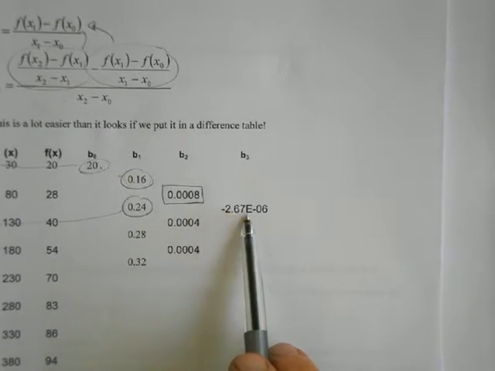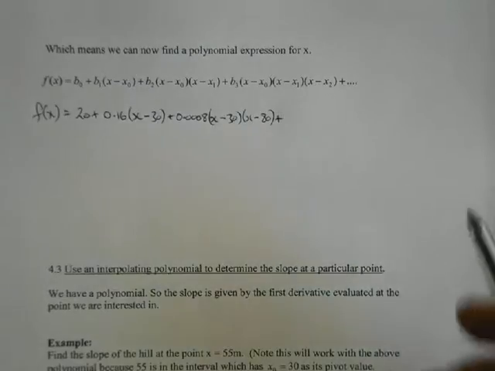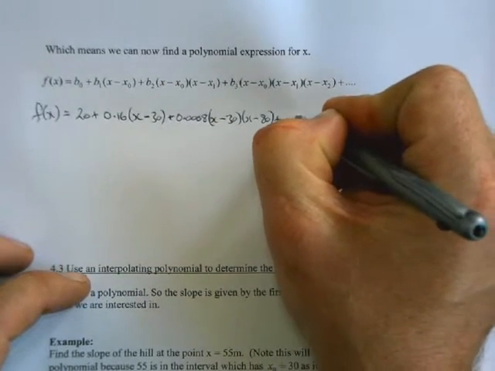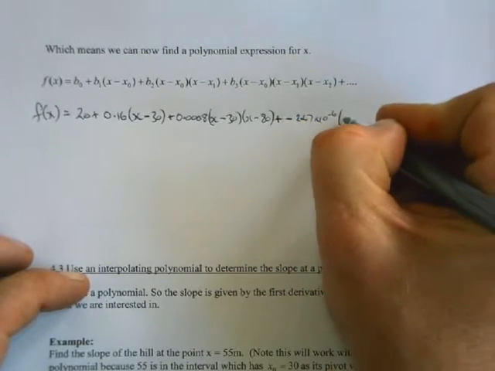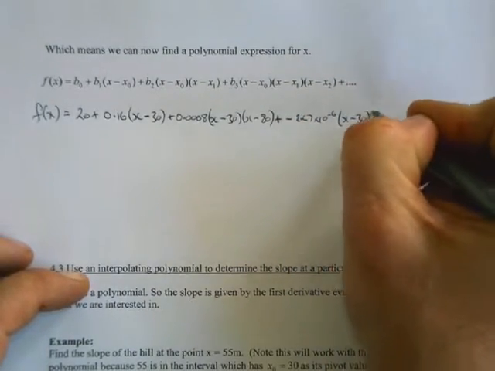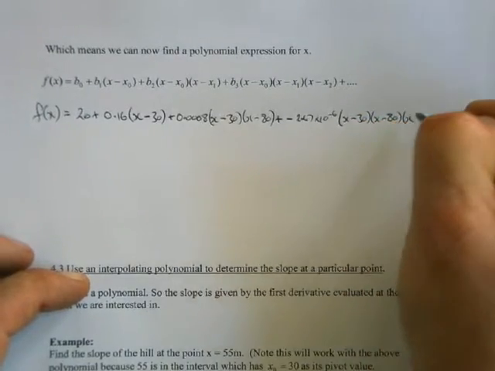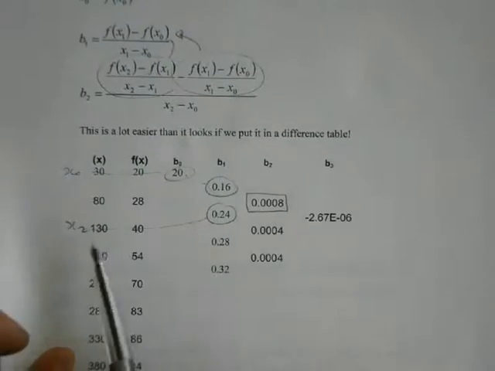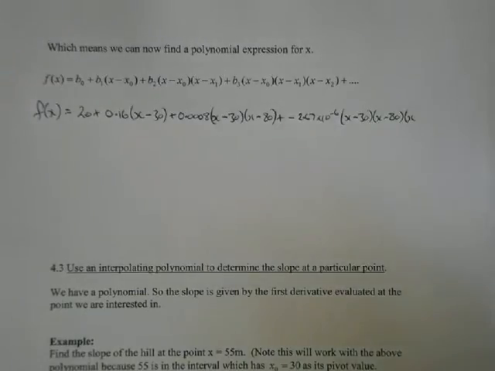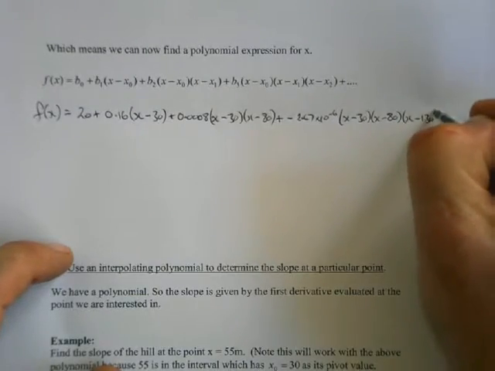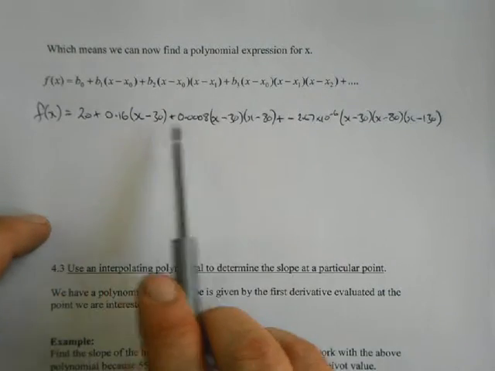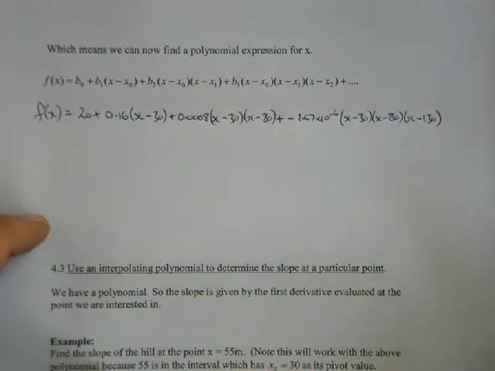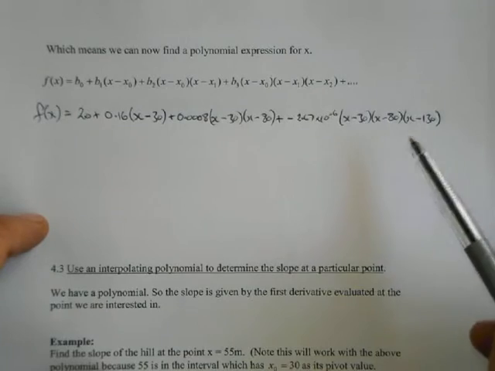Plus b3, which is negative 2.67 times 10 to the minus 6, times (x minus x0)(x minus x1)(x minus x2), which is 130. Which is a polynomial, so we can bung x into this at any point we like, and we can get a value for f of x.